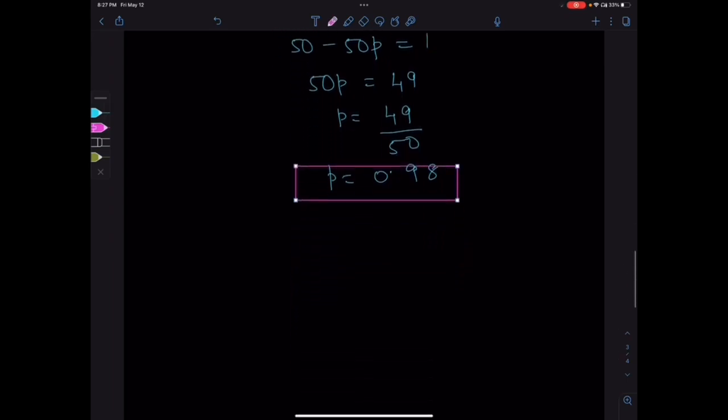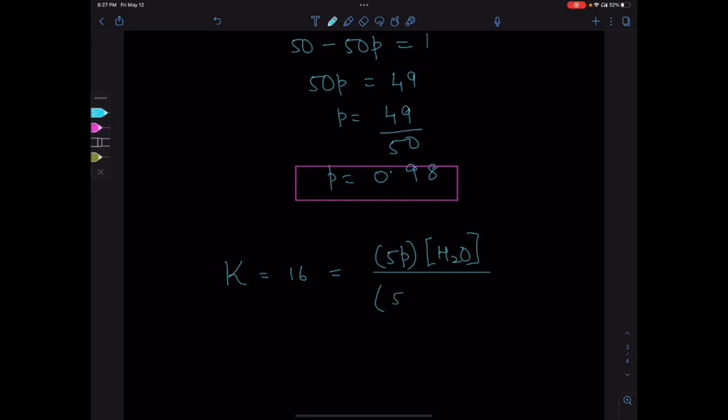Now, knowing the extent of reaction, we can find out the quantity of water that should be present so that we can get this degree of polymerization. Coming back to the equilibrium constant, which is given as 16, it is equal to 5p times the concentration of water over 5 minus 5p the whole square.